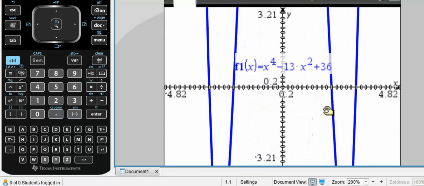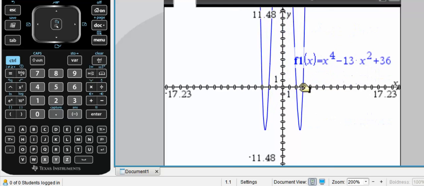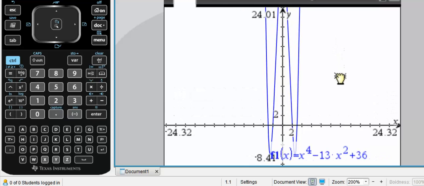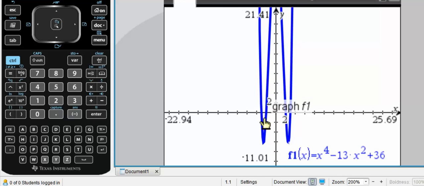And again, while it's a bit exaggerated here, let me see if I can zoom back out. There's that W shape. I had no way of really knowing that by looking at only the zeros, but we do get that shape. It's that W-looking graph that we expected to see. So I think we've done a fine job there.